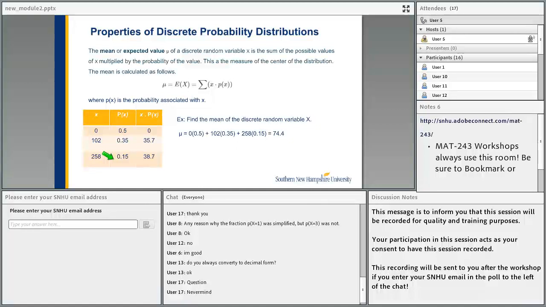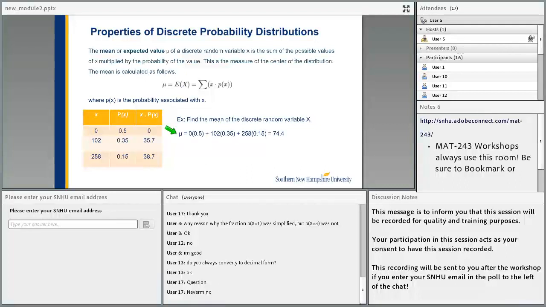If I multiply the first column with the second, so I have X times P of X, I get 0, 35.7, and 38.7. In order to calculate the mean, what I have to do is add up all the values in the third column. That's what the summation symbol means: find each X times P of X and then add all of them.